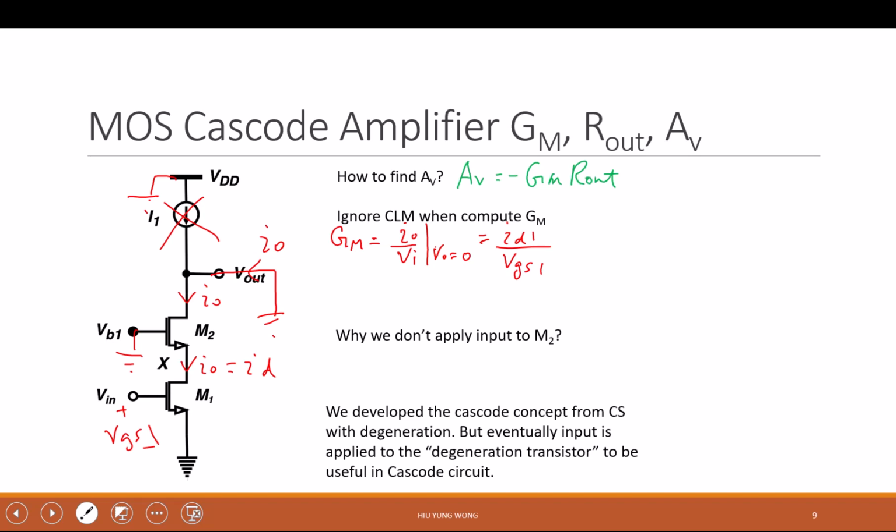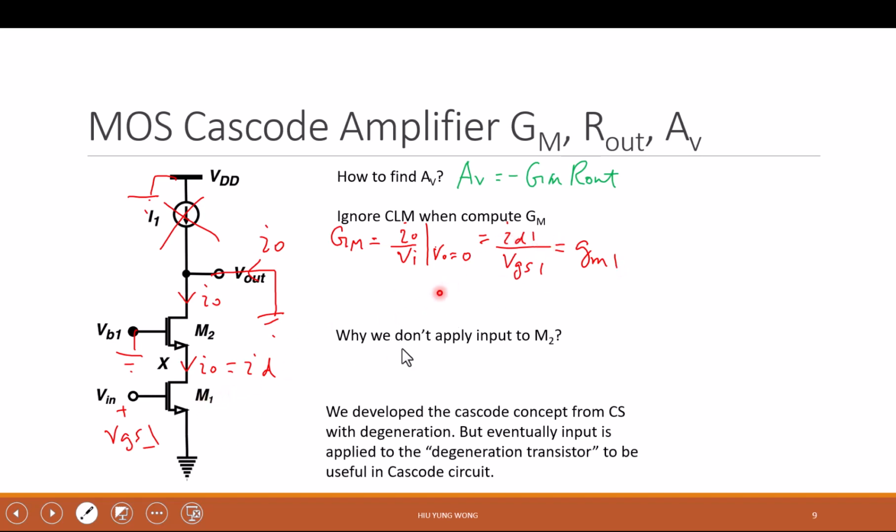What is this quantity? ID1 divided by VGS1 of a transistor. It's just equal to the transconductance of that transistor, right? By definition, this is just equal to small GM1. Is it negative?